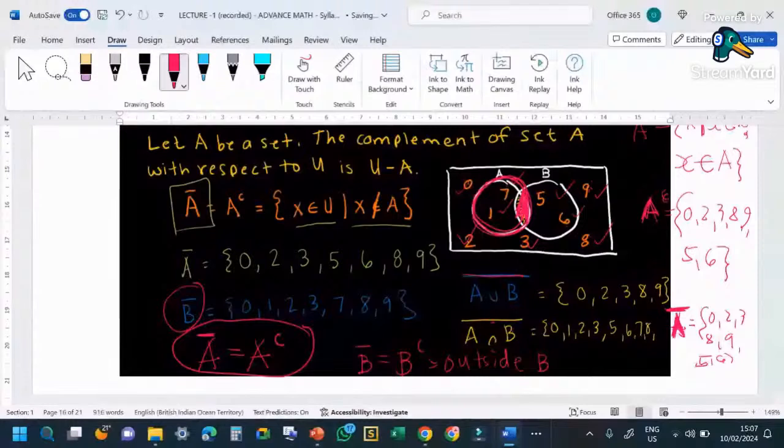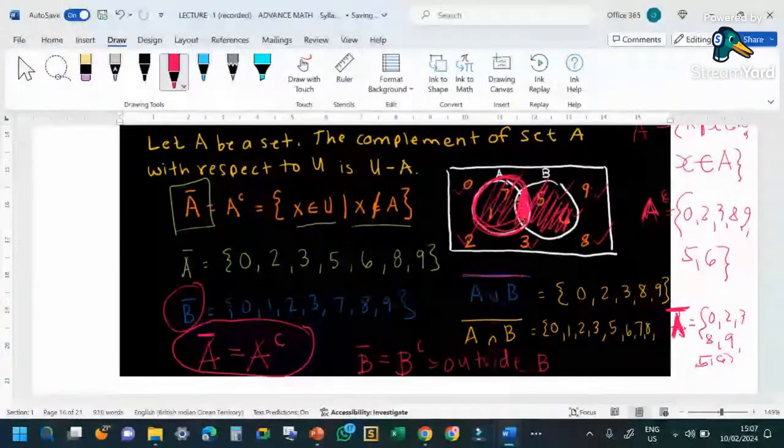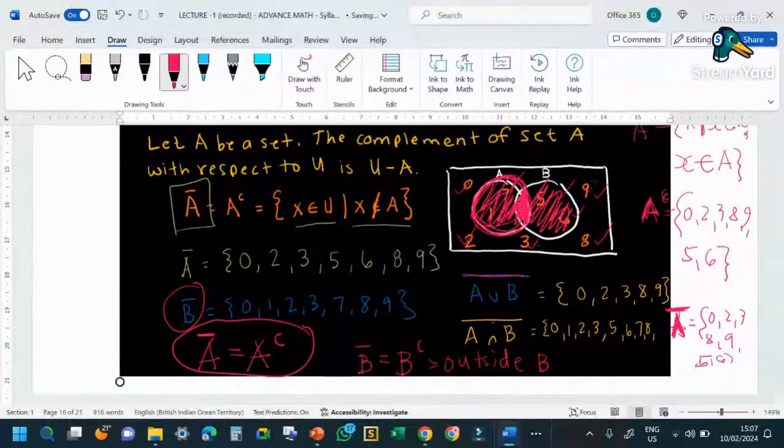Okay? These are all the unions of A and B. So not A union B will be 0, 2, 3, 8, and 9. Those are still inside the universal set S, but they are outside the two circles or outside the Venn diagram. I hope you have understood this one.